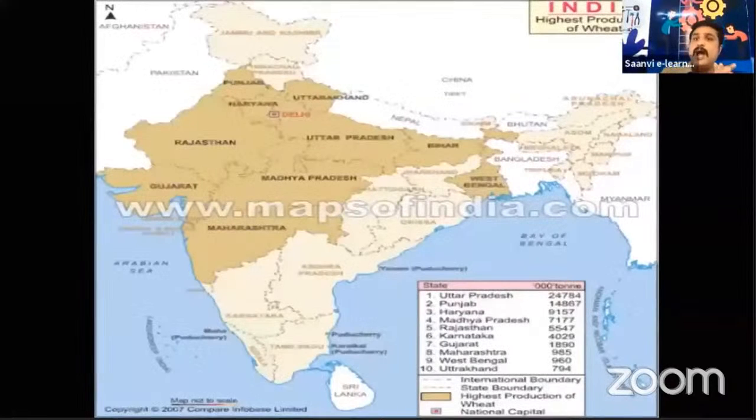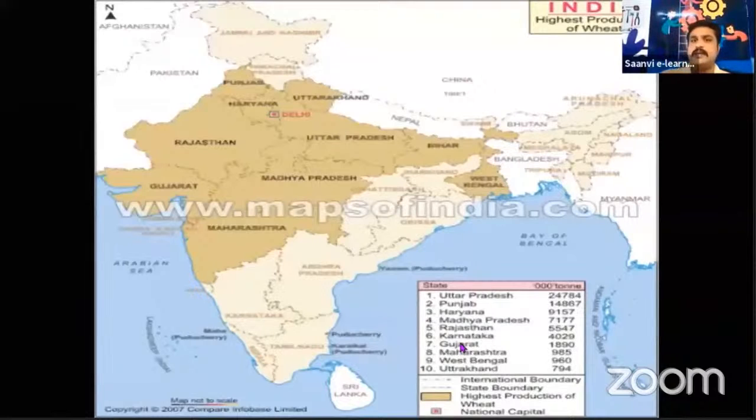Next, coming to the highest production of wheat, which is also given in the box here. Highest production of wheat: Uttar Pradesh, Punjab, Haryana, Madhya Pradesh, Karnataka, Rajasthan, Gujarat, Maharashtra, West Bengal, Uttarakhand.